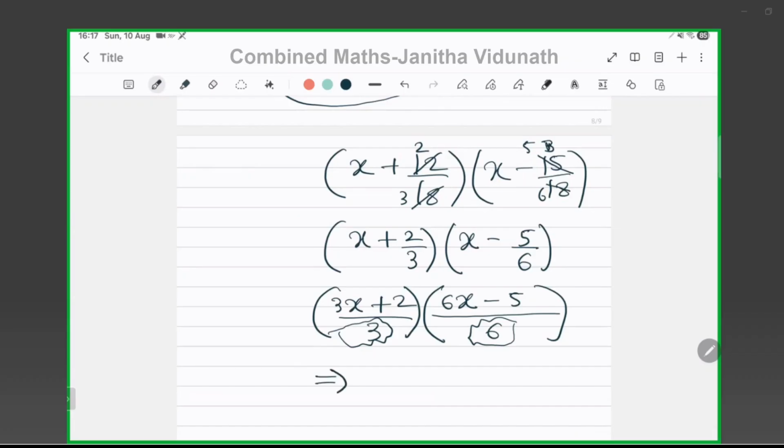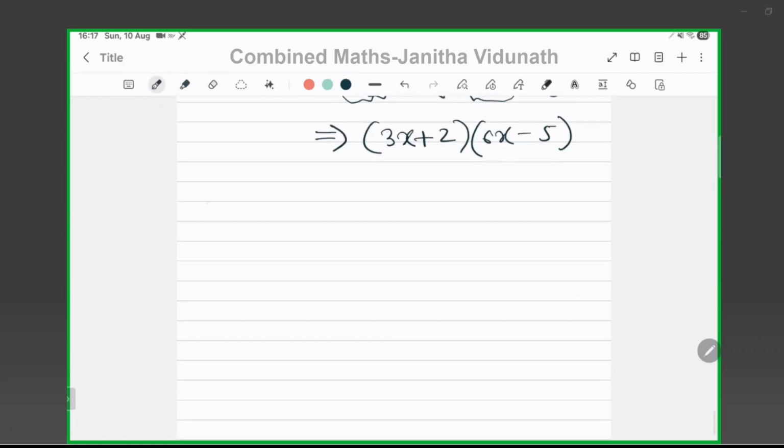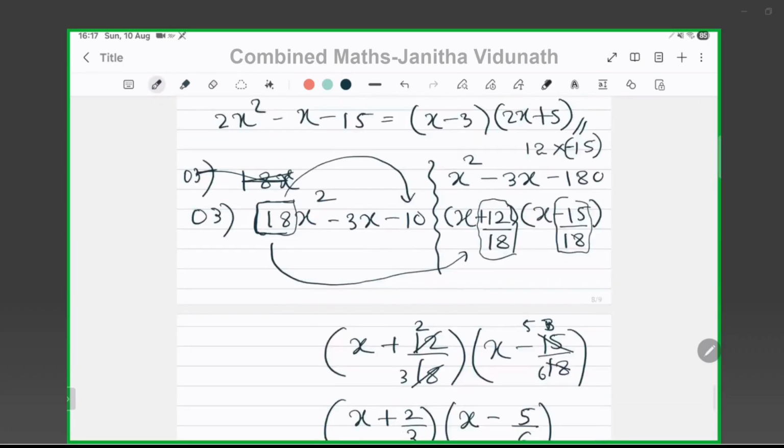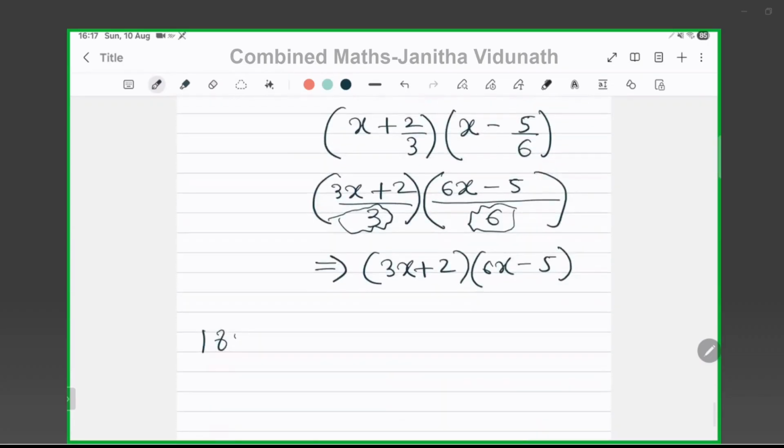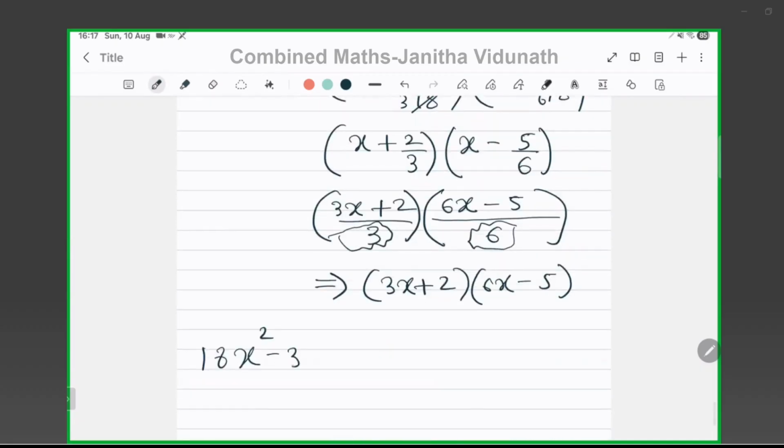Then finally the two factors are 3x plus 2 and 6x minus 5. So the factors of 18x square minus 3x minus 10 are 6x minus 5 times 3x plus 2.